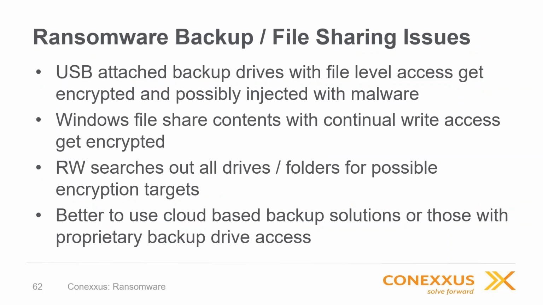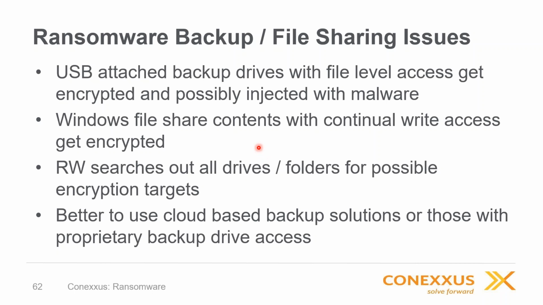As far as backup and sharing, there are some considerations when you do backups, and of course that is your only form of restoring in some cases, so keep an eye on how you're backing up. If you're backing up onto USB-attached backup drives, those will get corrupted or encrypted at the same time the ransomware attacks. Windows file share contents with continual write access will also get encrypted.